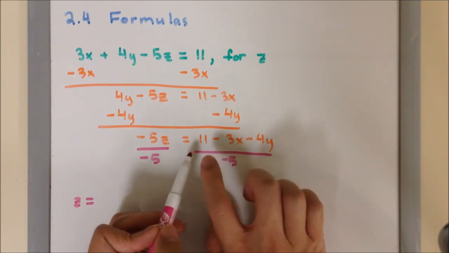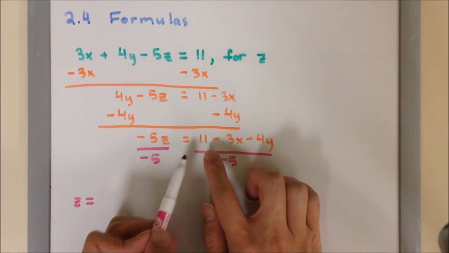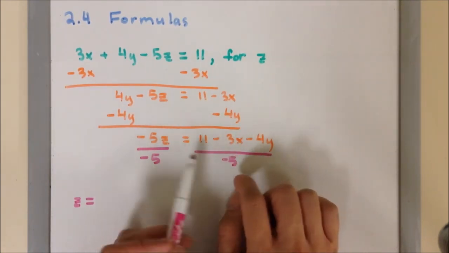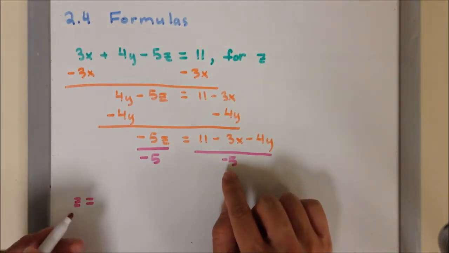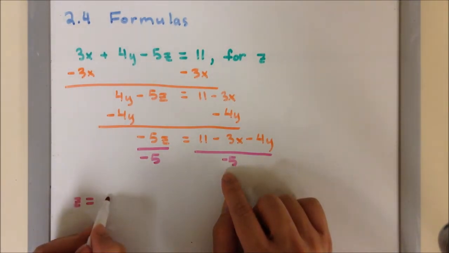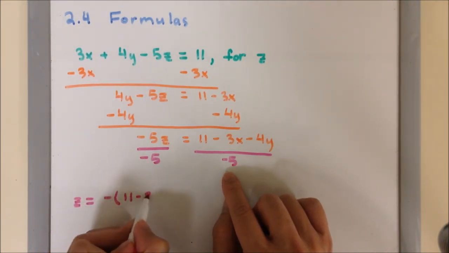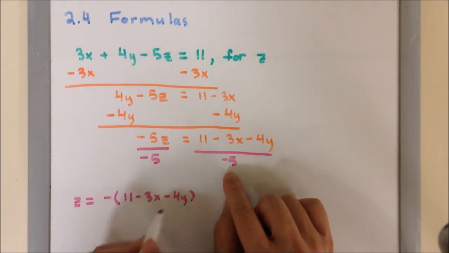Since we have multiple parts, 1, 2, 3 in the numerator, the 11, the 3x, and the 4y, I'm actually going to move the negative into the numerator. So it won't stay at the denominator, it's going to be in the numerator. So it's going to be negative, parenthesis, 11 minus 3x minus 4y, close parenthesis, over 5.